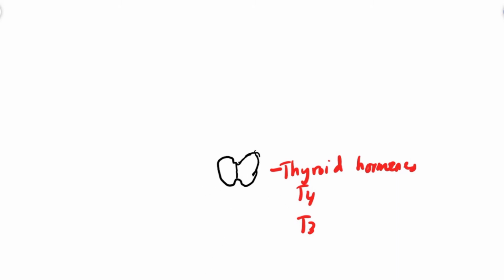One thing that I want to mention as well is that you need iodine in order for the thyroid gland to produce T4 and T3. The difference is that T4 has four iodine atoms and T3 has three iodine atoms.